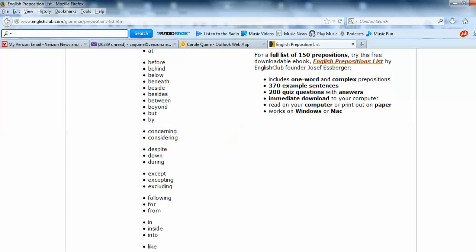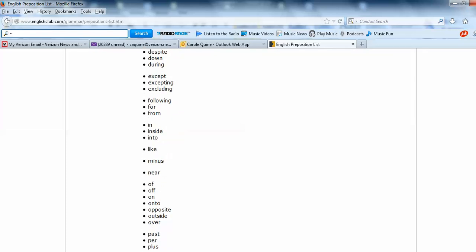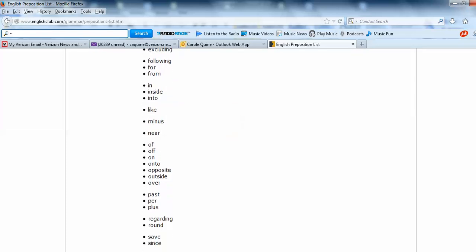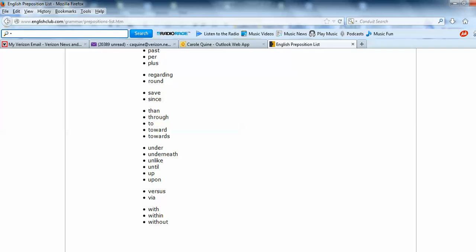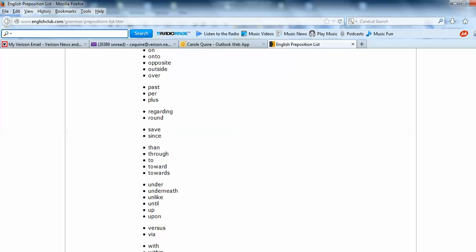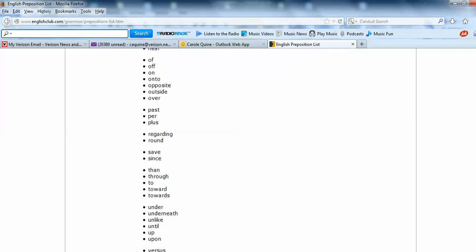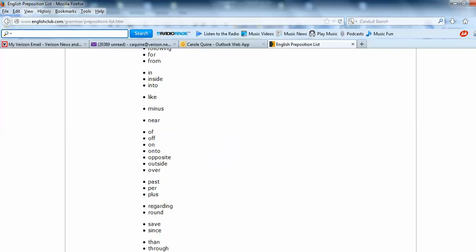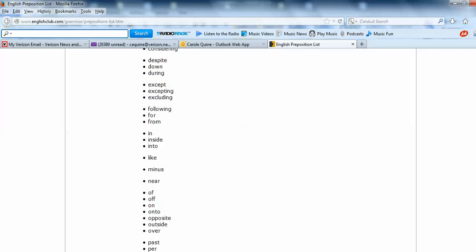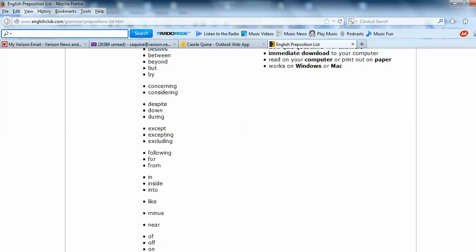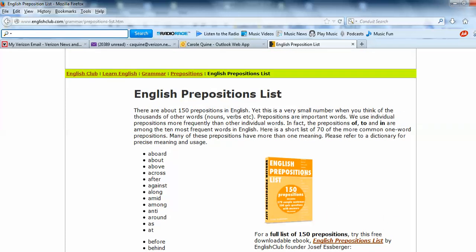I doubt that the prepositions I'm scrolling through right now are all of the prepositions in the English language, but this is many of them. You can see some of, on, in, to is considered a preposition, under, off, inside, into, with, within, lots of prepositions there. So go to EnglishClub.com and key in prepositions and you will see that list.